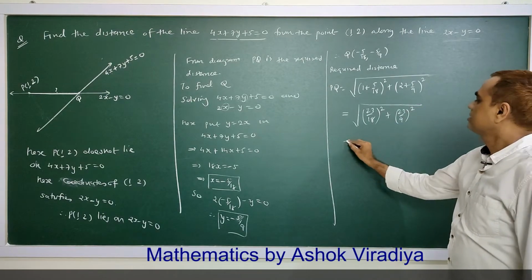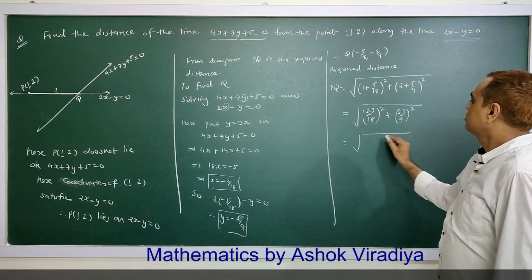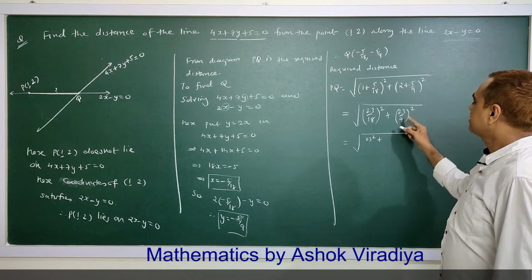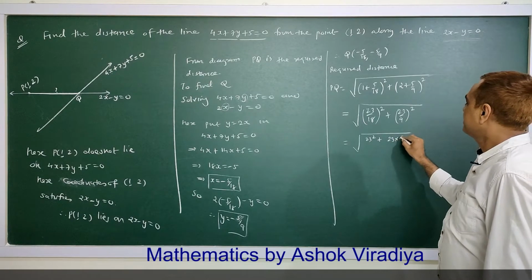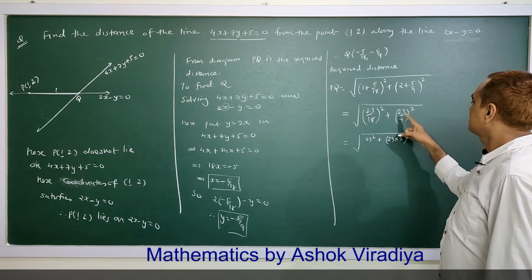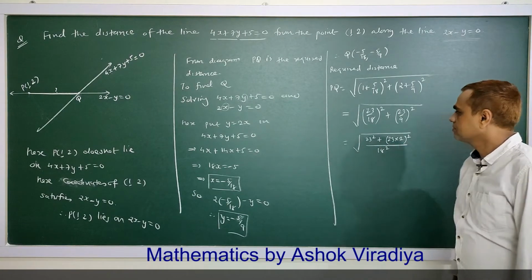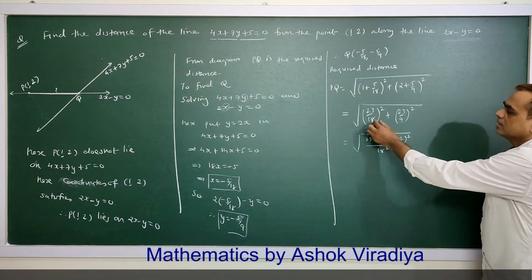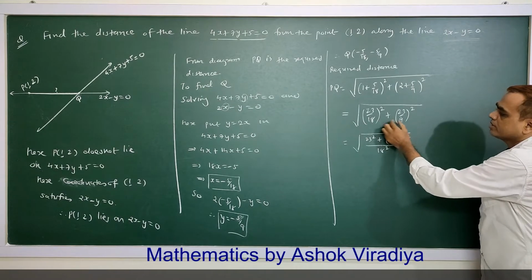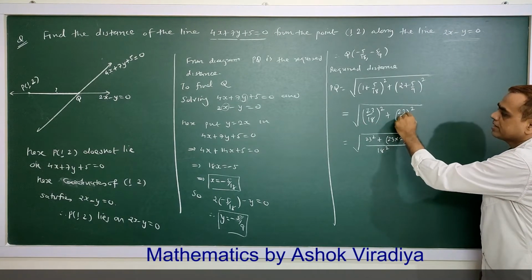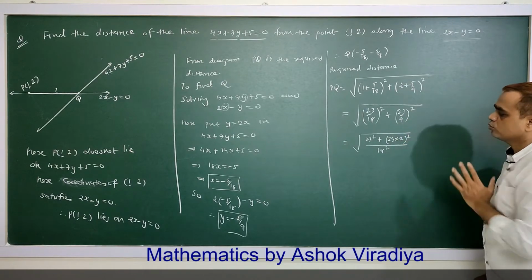So this is square root of 23 square plus, this can be expressed as 23 into 2 square upon 18 square. We are making the denominator same. This is 18, so I have made it 18, multiplying and dividing by 2.